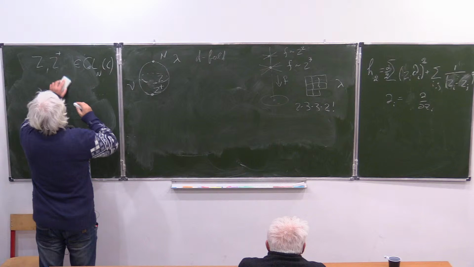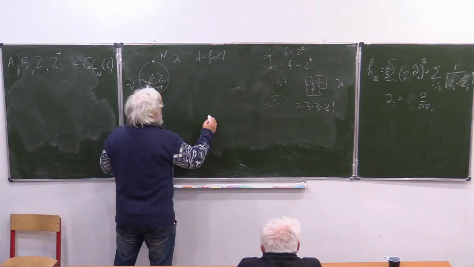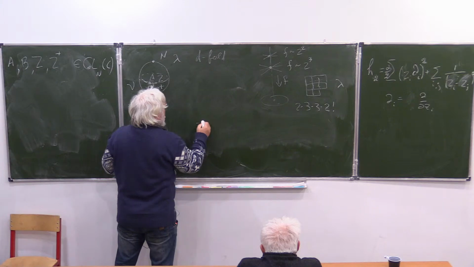And better, we relate to the entry Z_ij an arrow.